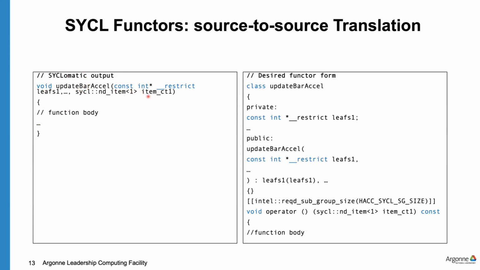Like I said, the last argument is one of these ND items, and we'd like to turn it into something that looks like this functor version of the same code, where we have some private data members of the class, and public data members that also include the call operator. And now the ND item is the one and only argument needed for the call operator.